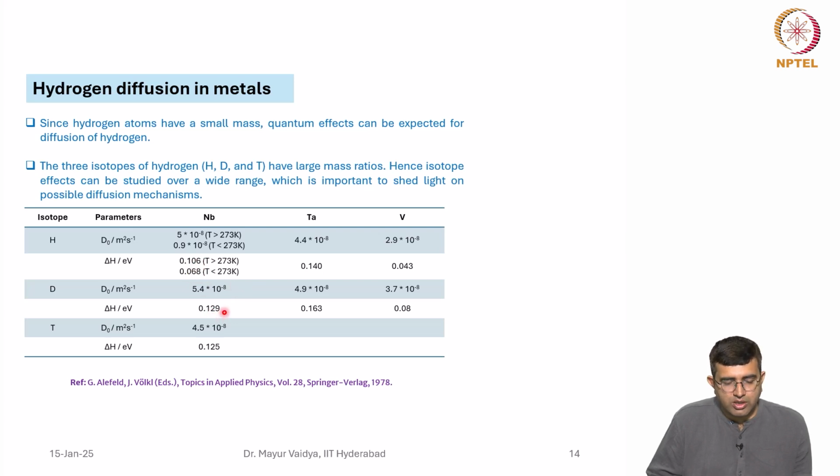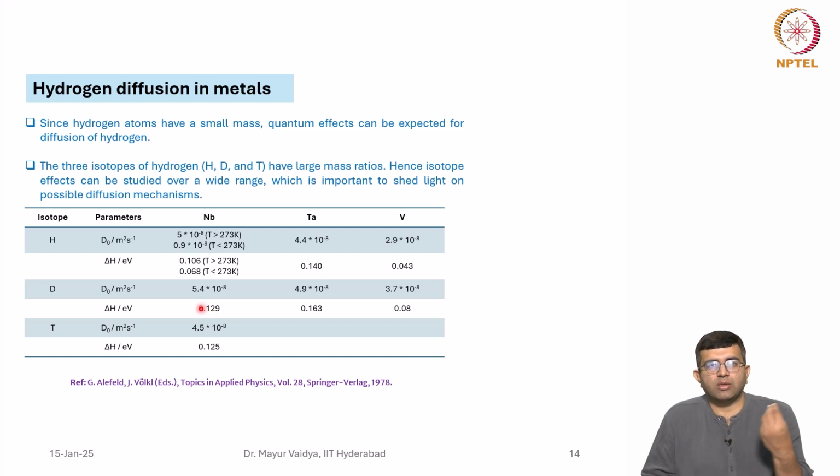For deuterium it is 0.129, and for tritium it is similar, like 0.125. So, the isotope effects have been measured in hydrogen diffusion, and this is more prominent than for some of the other elements where isotope effects are studied.